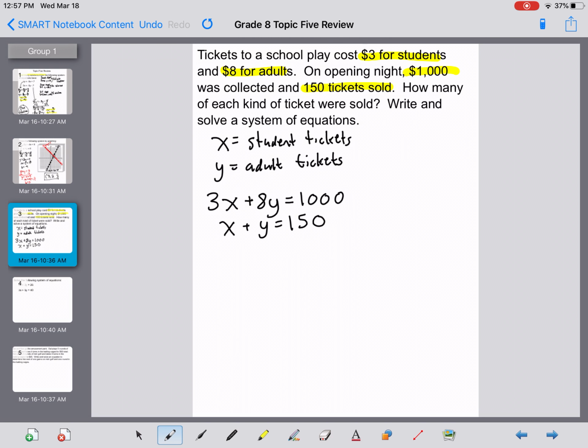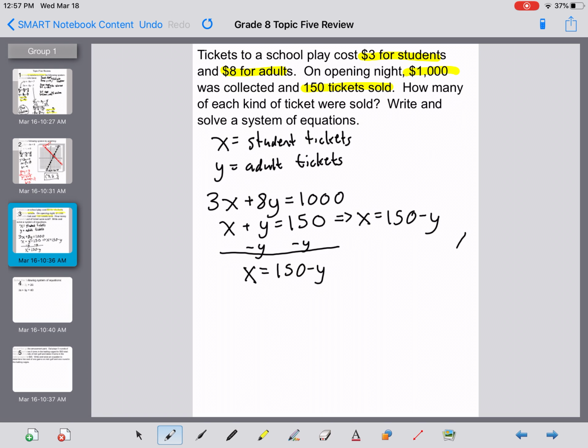Now I'm going to solve this using substitution. To do that, I need to get my X or Y by itself. I can subtract Y from both sides in my second equation, and I'm left with X equals 150 minus Y. My top equation stayed the same as 3x plus 8y equals 1,000.